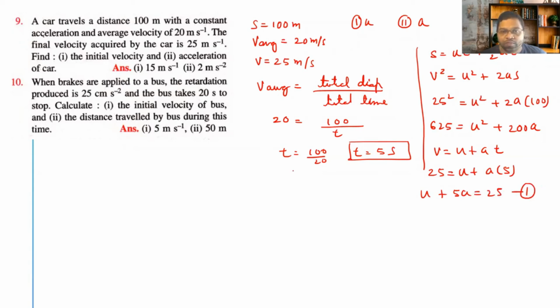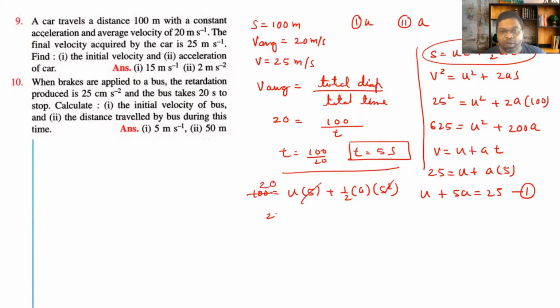This is equation 1. And what other formula do we have? The top one, s is equal to ut plus half at square. So 100 is equal to u into 5 plus half into a into 5 squared. If you reduce it, say you divide by 5, you get 20 is equal to u plus 5a over 2.